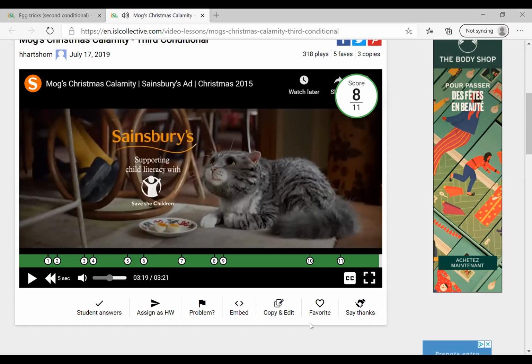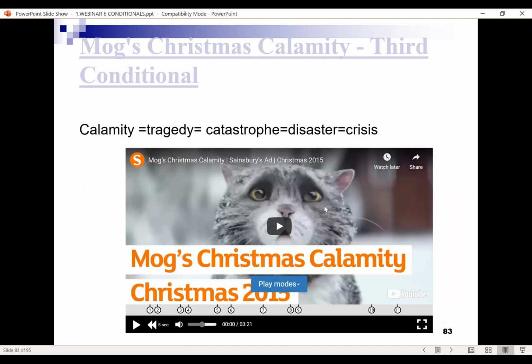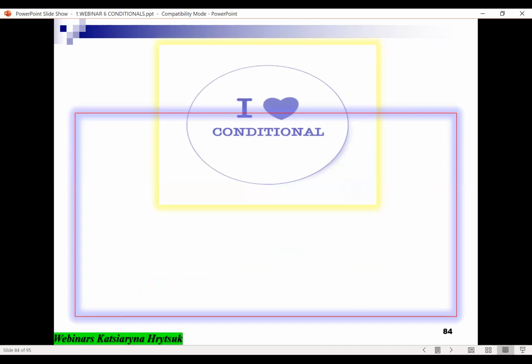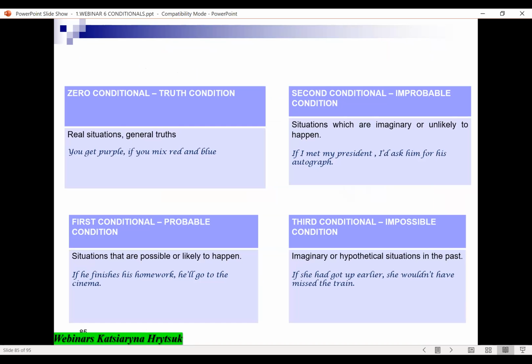That video I wanted to show you because Christmas is very soon, and it's quite cute for me, talking about the third conditionals. So I love conditionals. Very shortly about all of them. We have 0, first, second, and third.